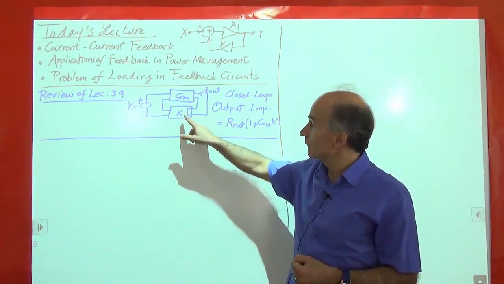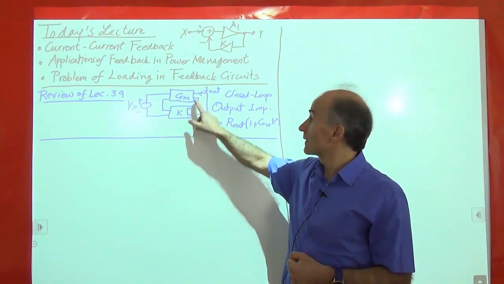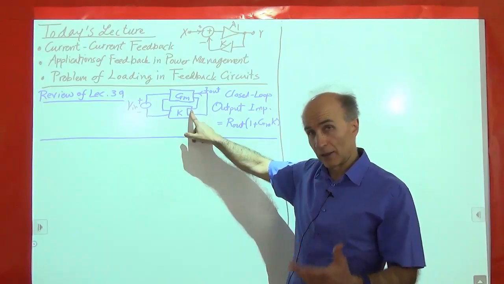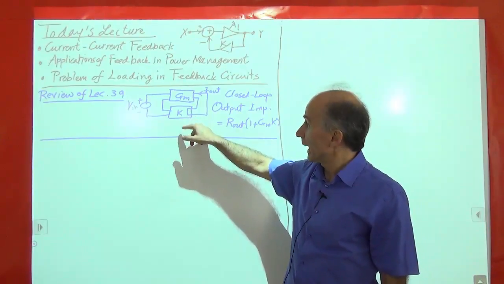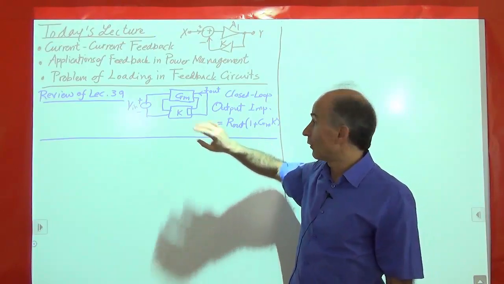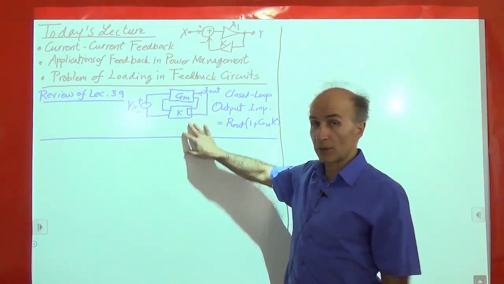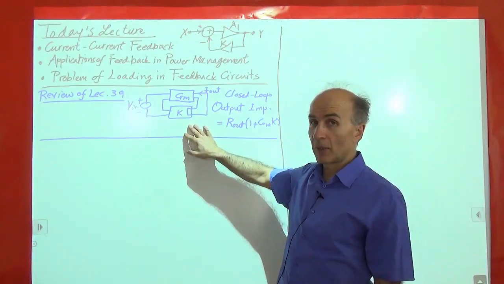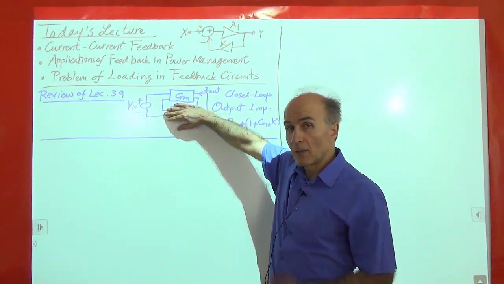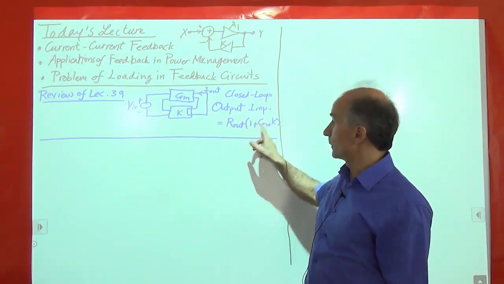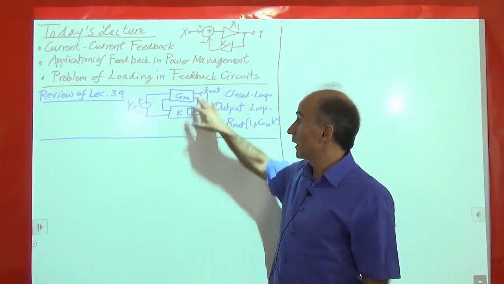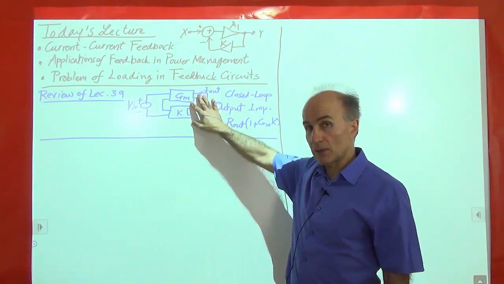So we saw that for K not to disturb this current, its input impedance has to be 0 in the ideal case. And the final conclusion that we drew was that the overall output impedance of this circuit is given by the output impedance of the open loop amplifier multiplied by 1 plus the loop gain. So the output impedance goes up because the circuit wants to become a better current source.